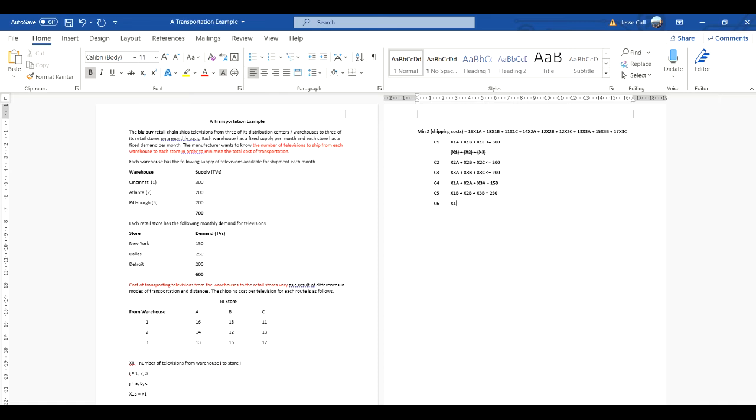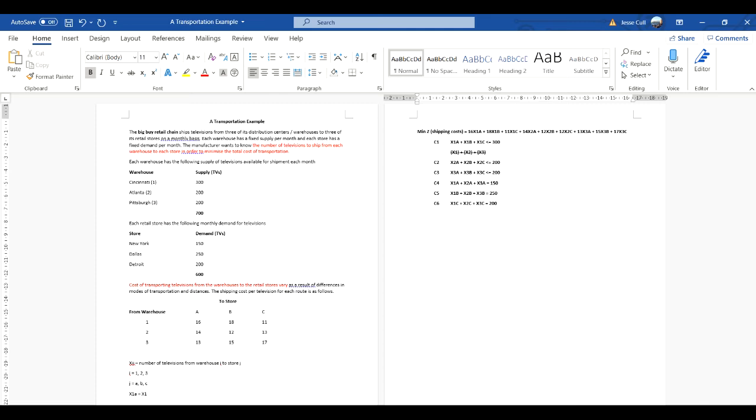X, 1C plus X, 2C plus X, 3C must equal 200. Anything else is unacceptable.